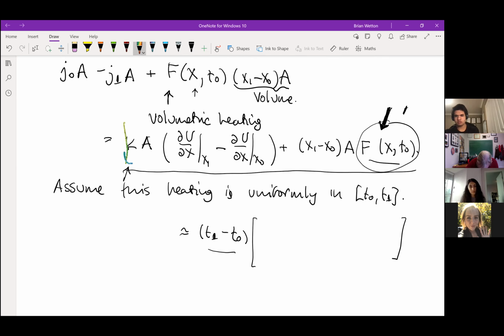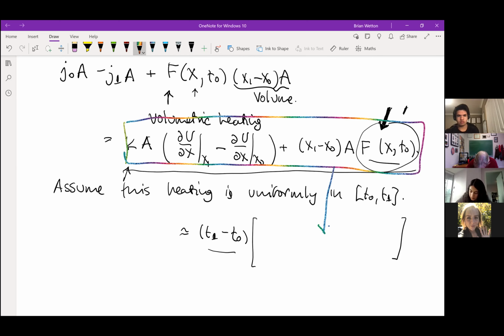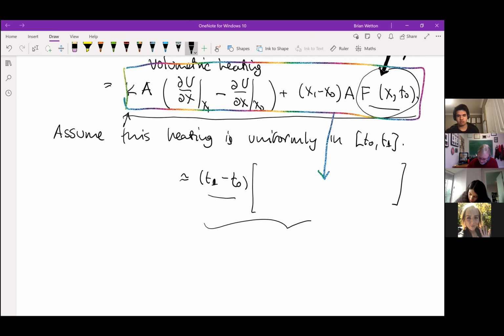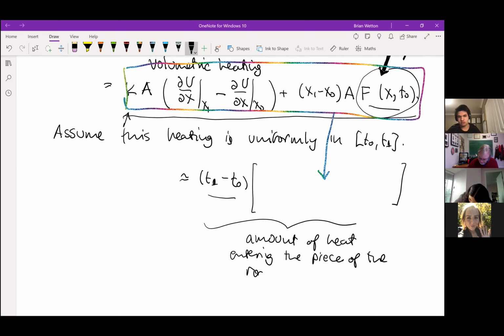So I'm going to take all of this and put it into here. And so this is now just an amount of heat entering the piece of the rod.